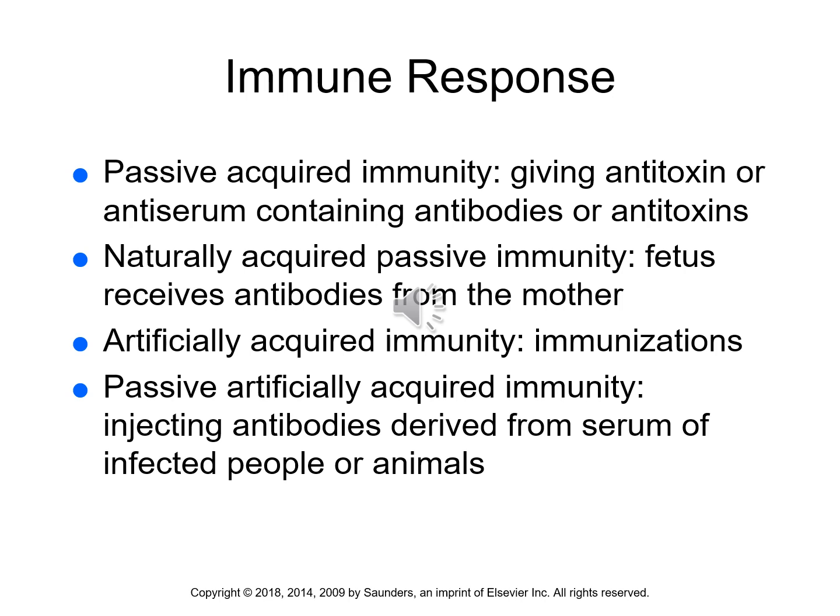A naturally acquired immunity would be the immunity that the fetus receives when it gets antibodies from the mother through the placental blood before birth, or it can occur as the mother is breastfeeding the infant.